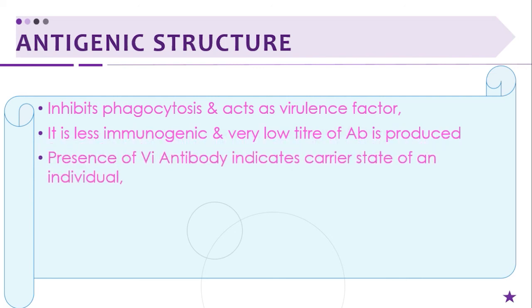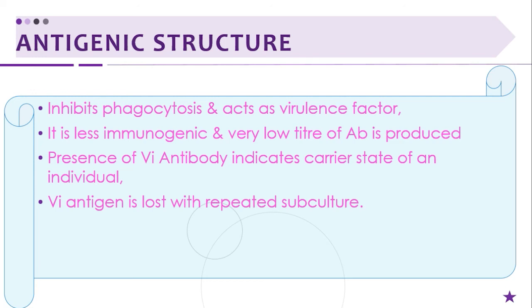The presence of VI antibody indicates the carrier state of an individual. If it is detected in the sera of a patient, that indicates the person is in the carrier state, while the other two antigens, the O antigen and the H antigen, are important for diagnostic purposes. The VI antigen is lost due to repeated subculture.